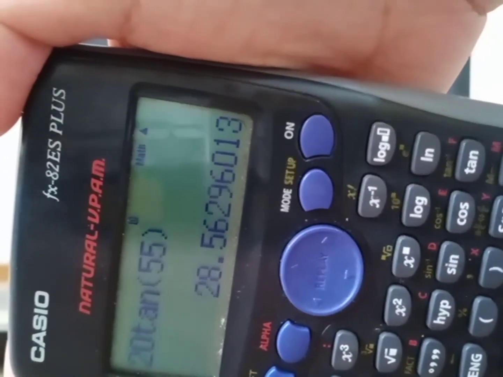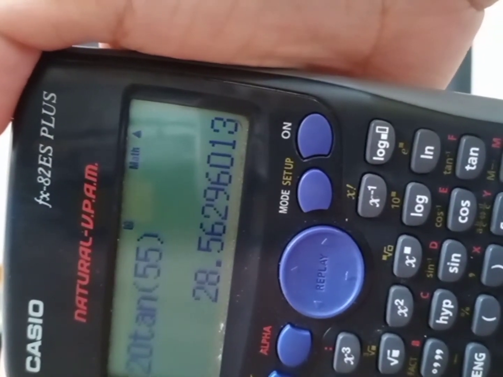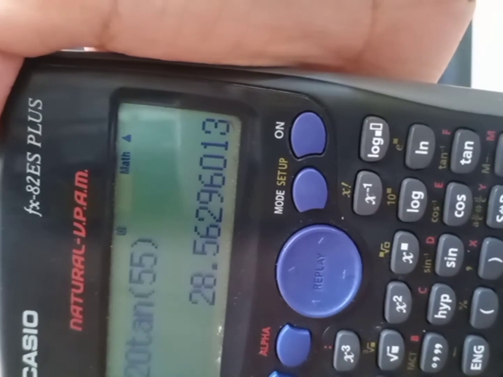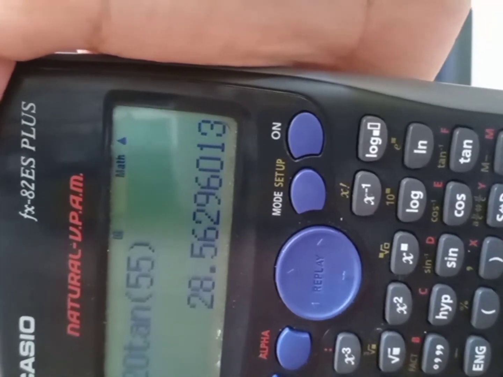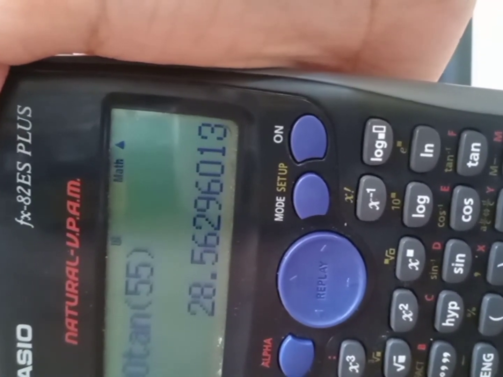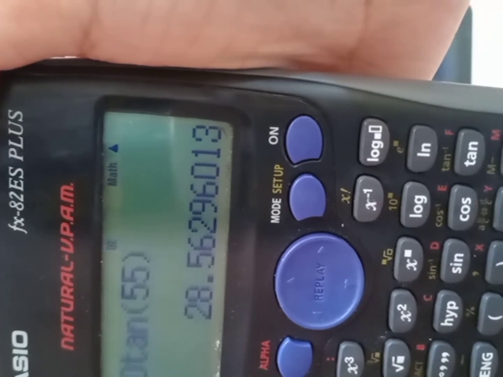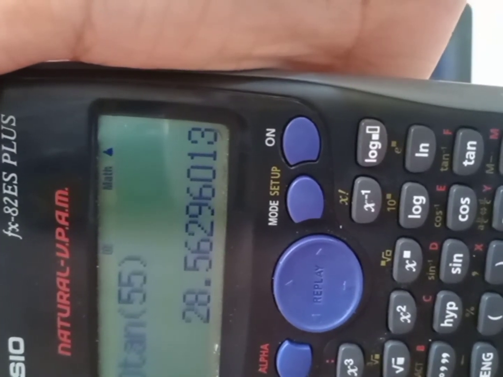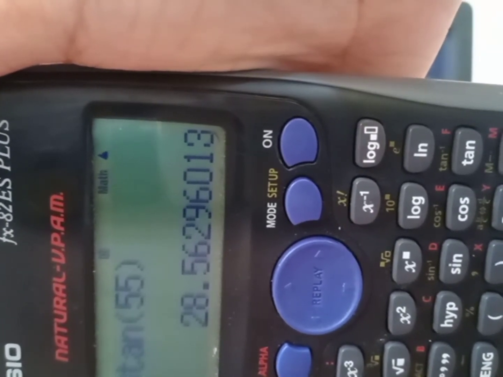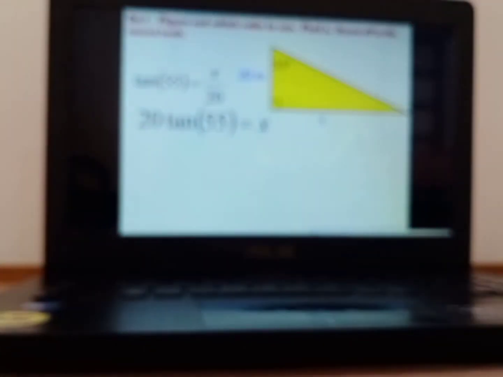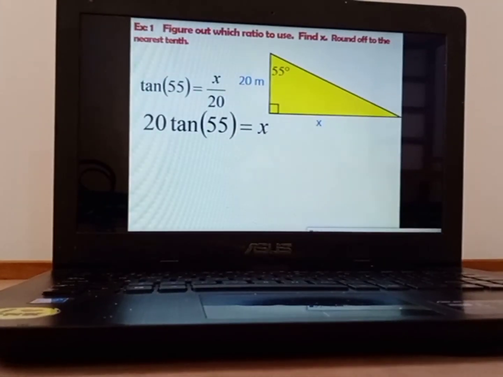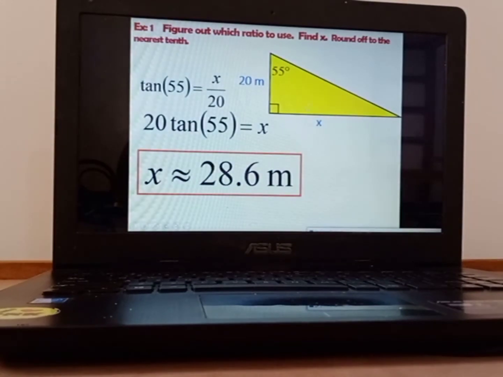So we will round off to the nearest tens based on our problem. So 28 point, the tens here is 5, and at the right of 5 is the next digit, so we round off. Our answer is 28.6 meters. Don't forget the unit of measurement, which is meter.